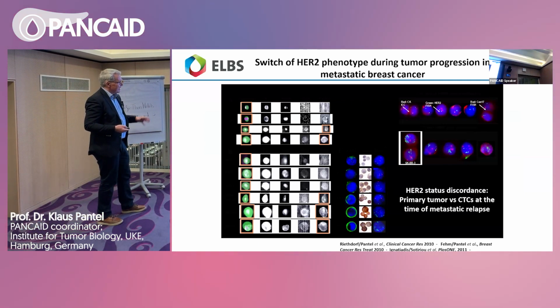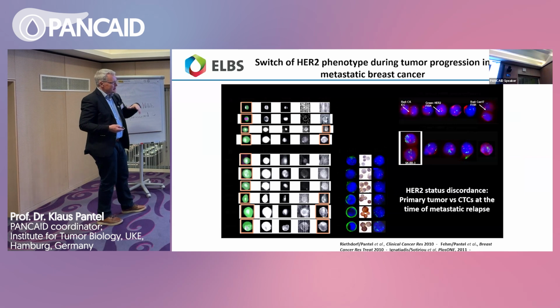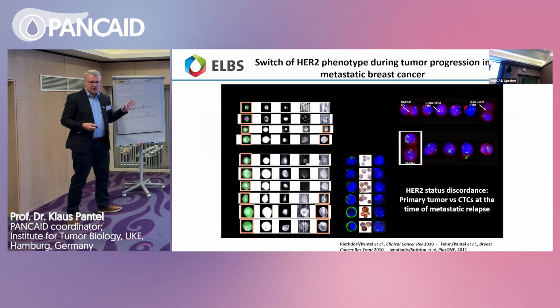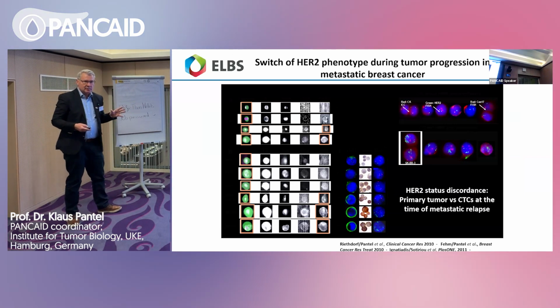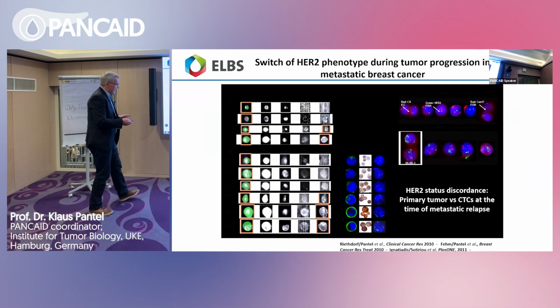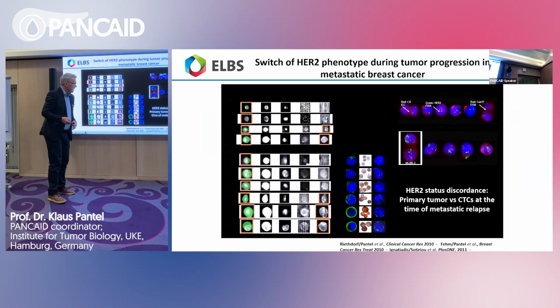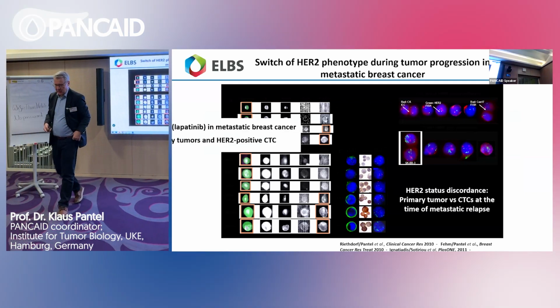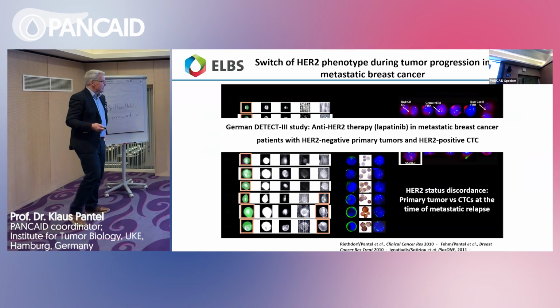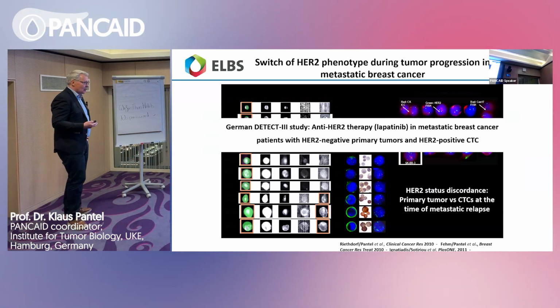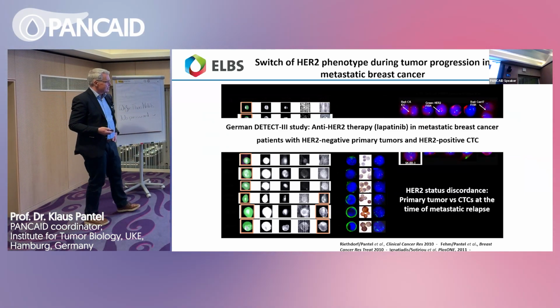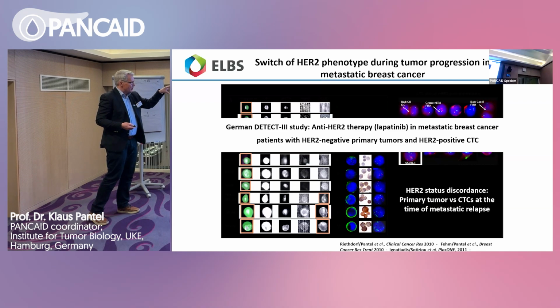We had seen that in the case of breast cancer, when the patients become metastatic, 10% to 15% of the patients had switched from a HER2 negative to HER2 positive status. And we could analyze that by looking at the HER2 status of the circulating tumor cells. So we said, okay, let's design a trial, multi-center randomized, where we treat patients that were originally negative.